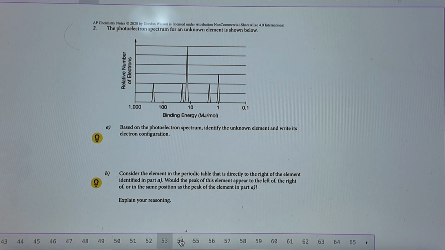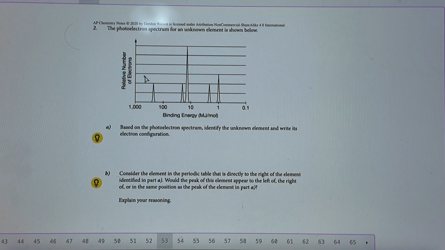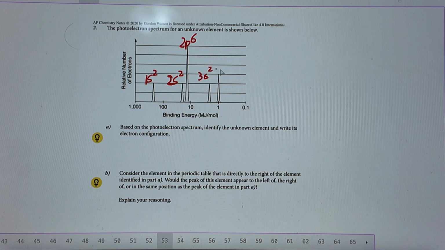Okay. Based on the photoelectron spectrum, identify the unknown element and write its electron configuration. So again, this is pretty easy. We write 1s2, 2s2, 2p6, 3s2, 3p3.